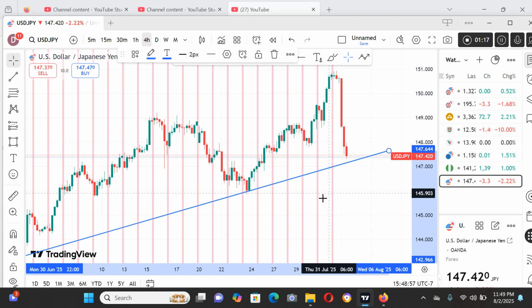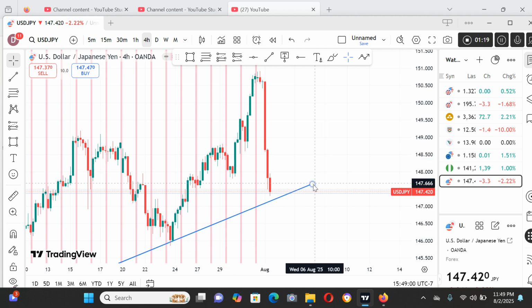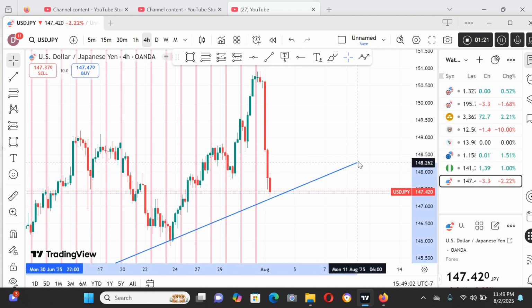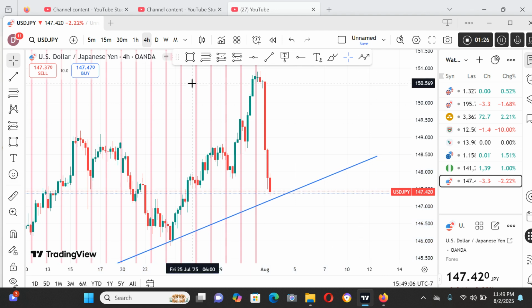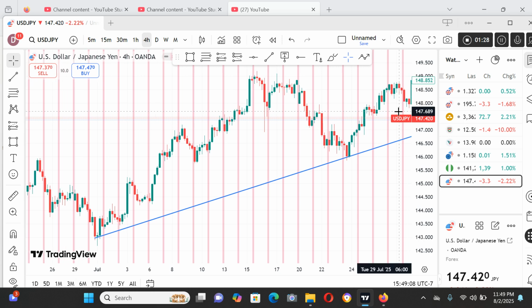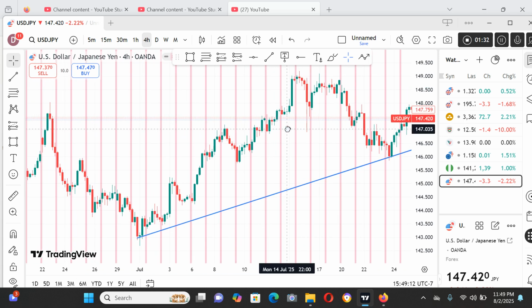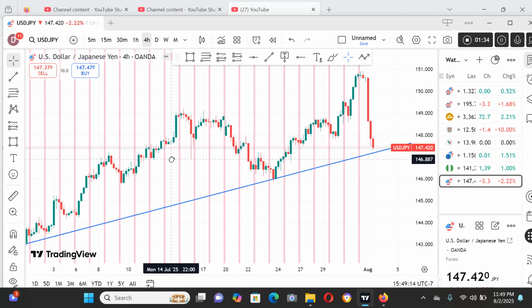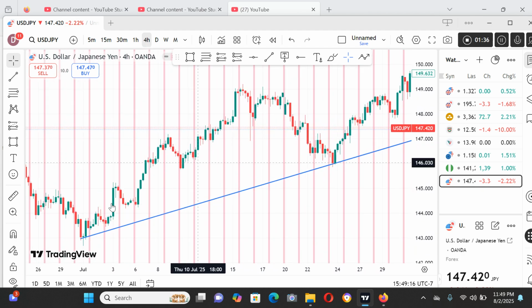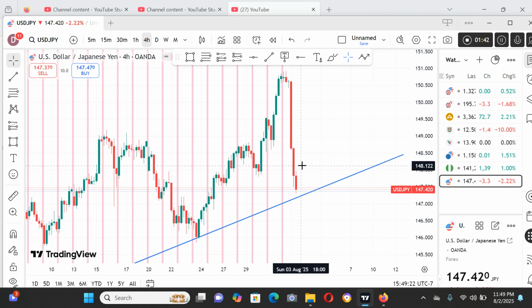In an upward trend, we need two troughs to draw our trend line, and if it is a downtrend, we need at least two peaks. So on the 4 hour time frame, we have our trend line drawn perfectly. We have one trough, a second trough, and we are expecting a third touch here.